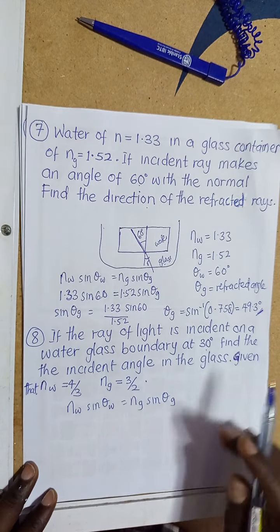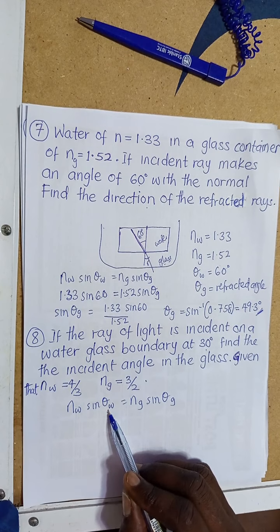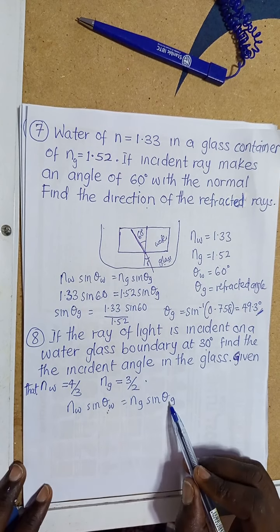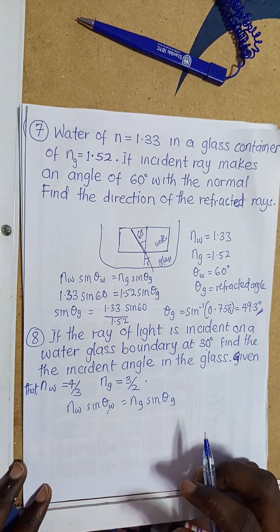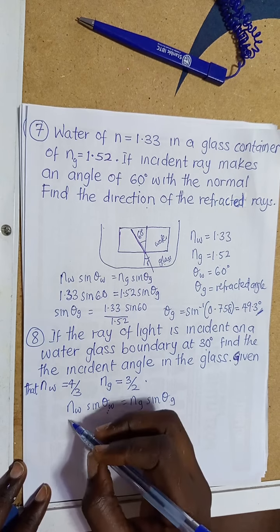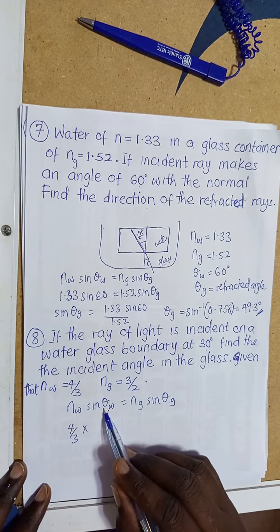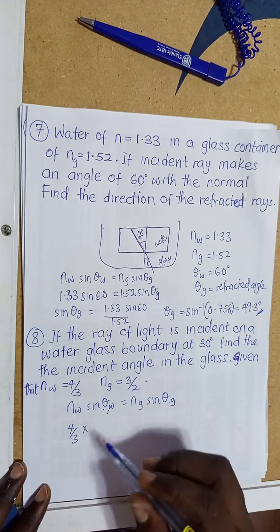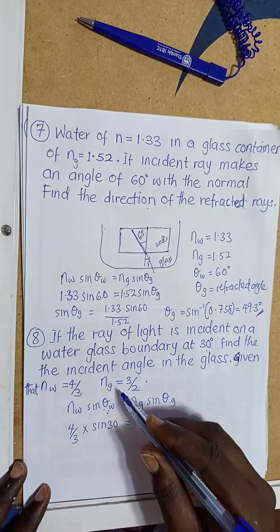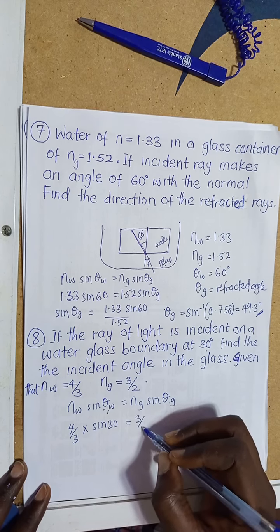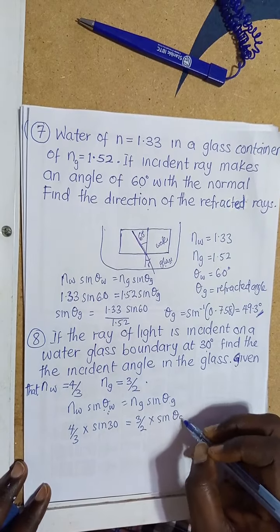Now this is the incident angle in water, and this is the incident angle in glass. So I simply put in my parameters: 4/3 times sine 30, which is the incident angle in water, equals 3/2 times sine theta in glass.